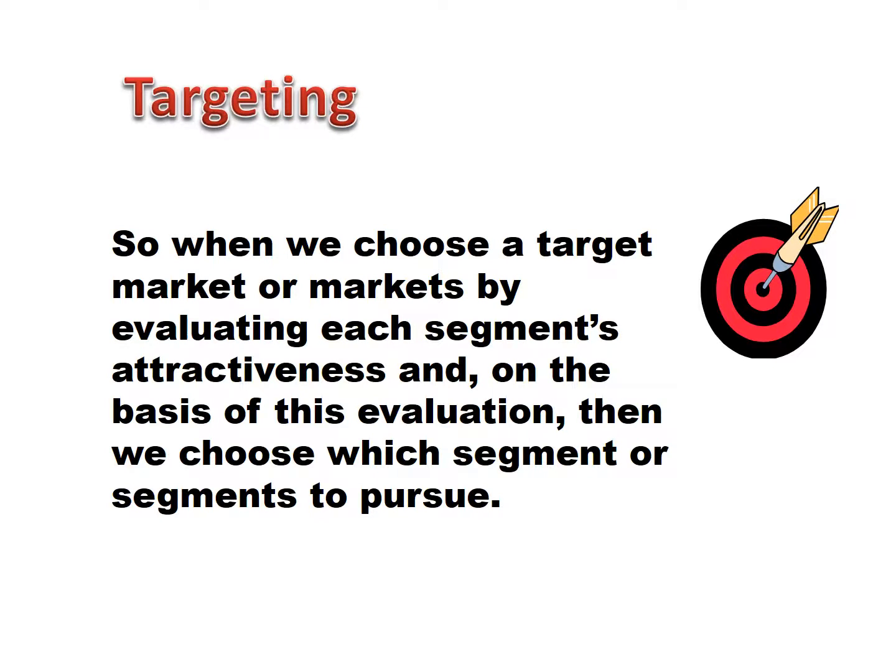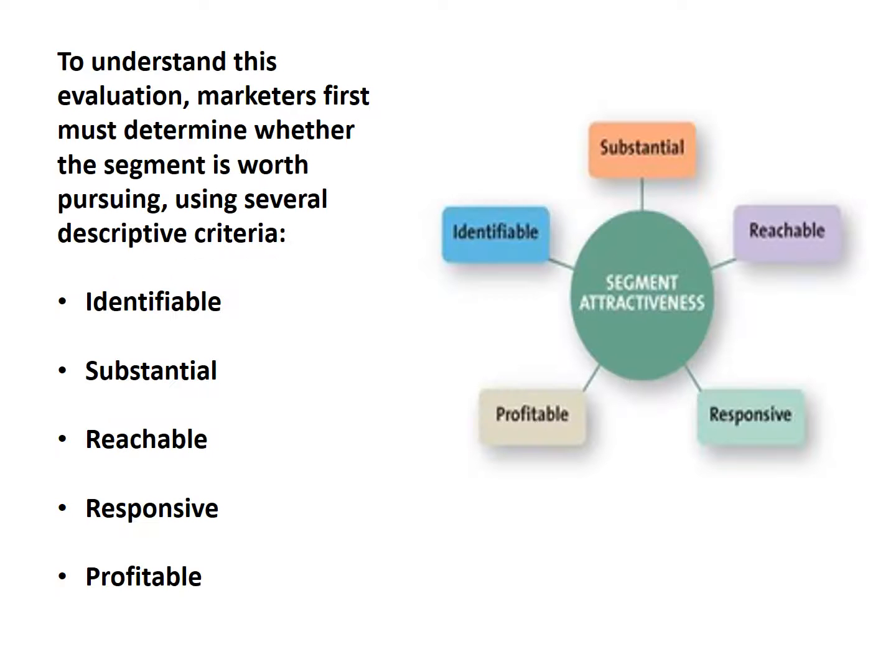Targeting. So when we choose a target market or markets by evaluating each segment's attractiveness, on the basis of this evaluation, then we choose which segment or segments to pursue. On the right, I have a diagram of segment attractiveness.